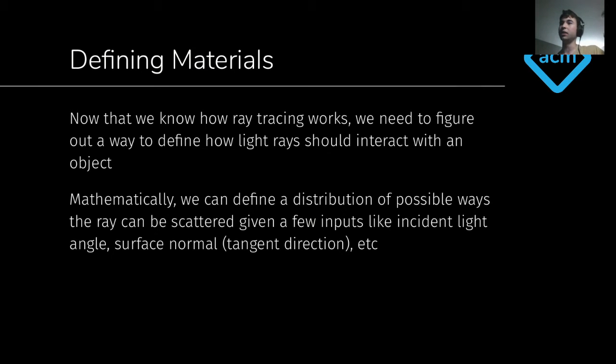And this probability distribution function takes in a few different inputs like incident light angle, surface normal, which is basically the vector pointing out tangentially from the surface, and some other properties.